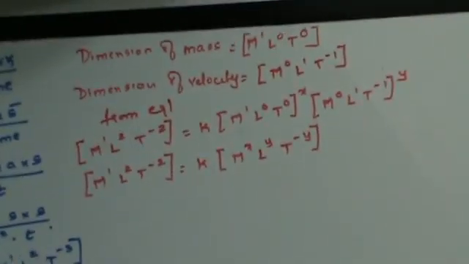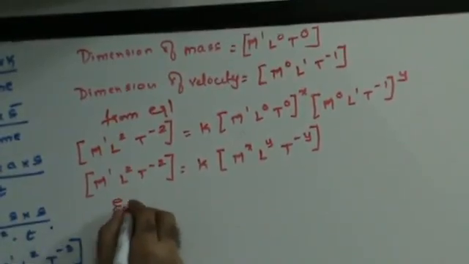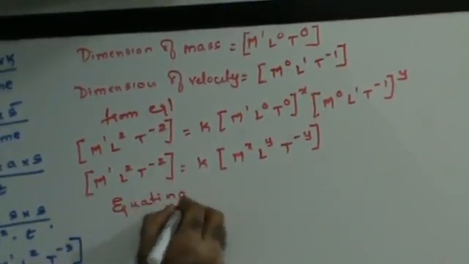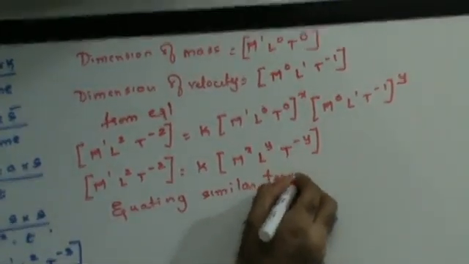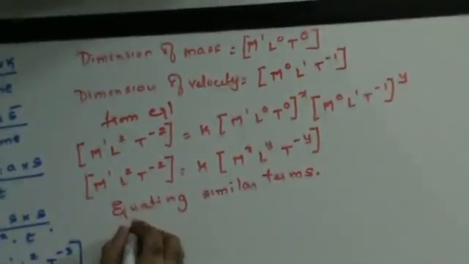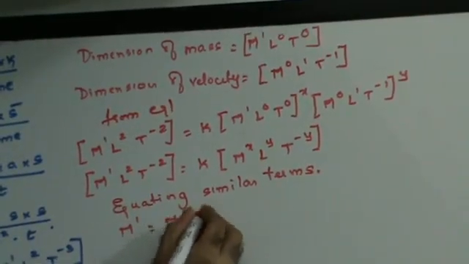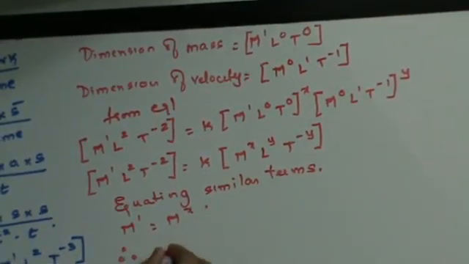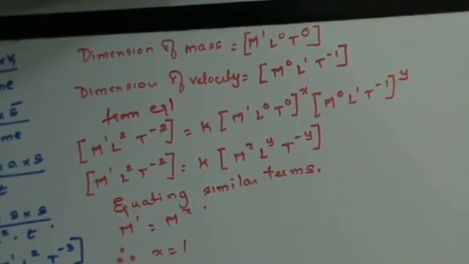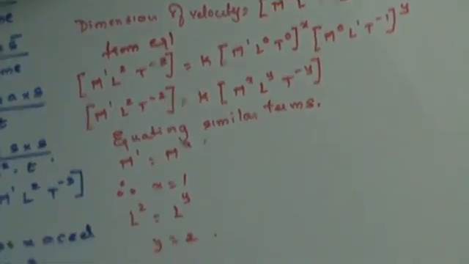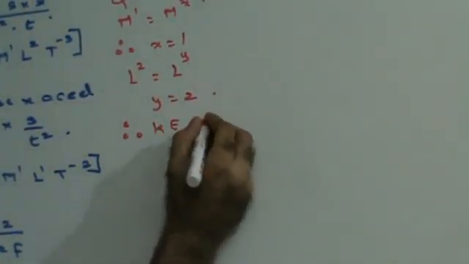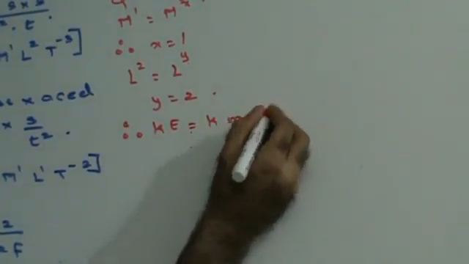So in this case, I can say, equating similar terms, m raised to 1 should be equal to m raised to x, therefore x should be equal to 1. L raised to 2 should be L raised to y, so y should be equal to 2. Thus, I can say that kinetic energy is equal to k times mv square.